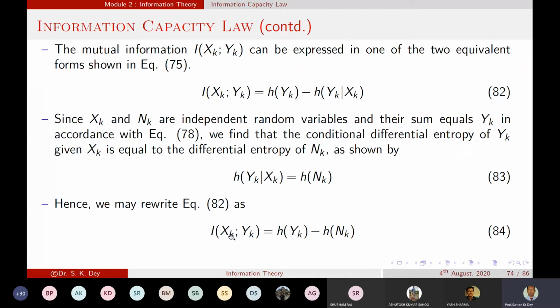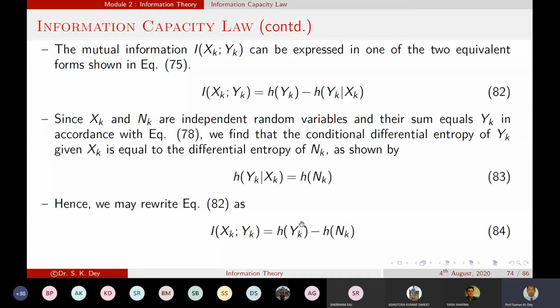So if we want to maximize the mutual information, we need a higher value of this, the differential entropy of yk, while this other term is fixed. So the difference will be larger when this value is higher.